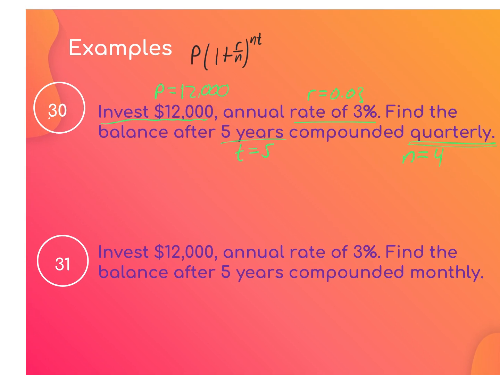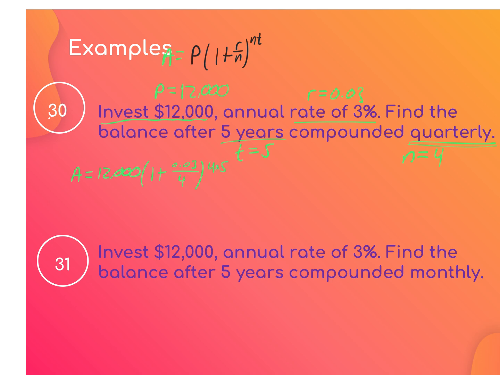So I'm going to take all of these values and plug them into this formula. Remember, this is going to equal A, your accumulated value, or the value that you get in the future, after the 5 years is up. So A equals 12,000 times (1 plus r over n) to the nt, which is 4 times 5.